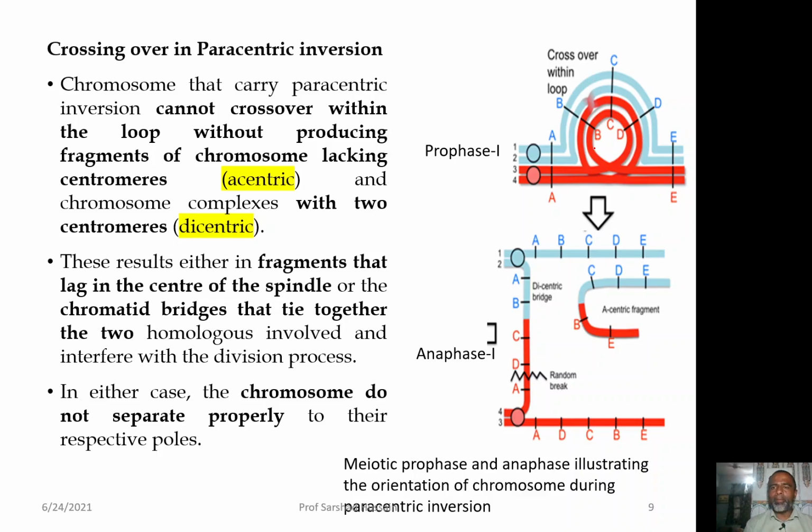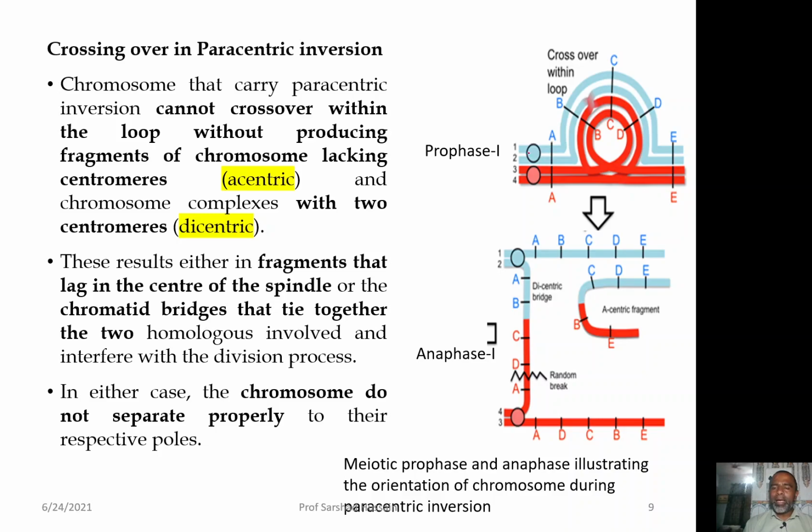During the pairing, because it is always gene to gene, A will come opposite to A, but B is present in the normal chromosome over here, whereas in the inverted one at this position you have D. So, D will go to this side by formation of the loop that we have already discussed, in order to come close to D, and in this way it will come back to match with C, then with B, and go back to match with E.